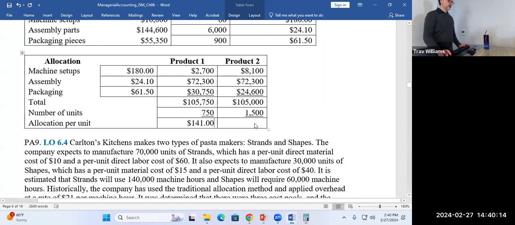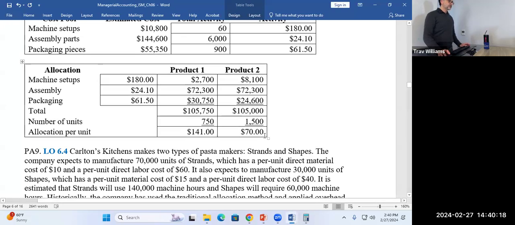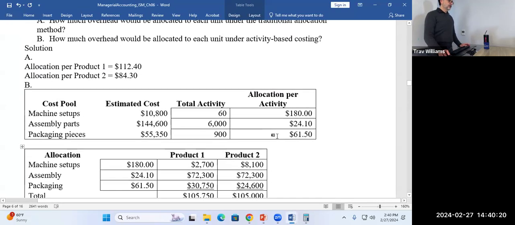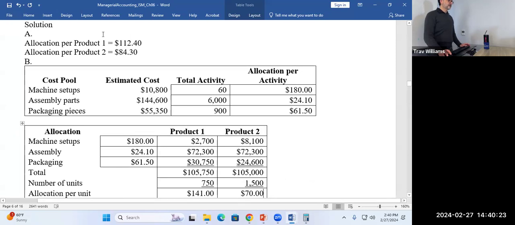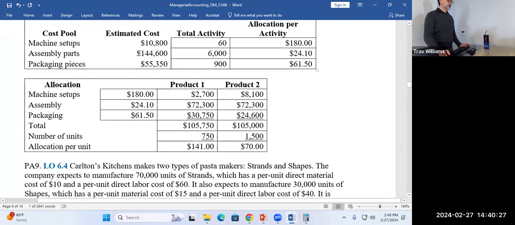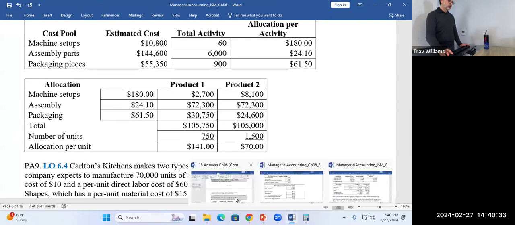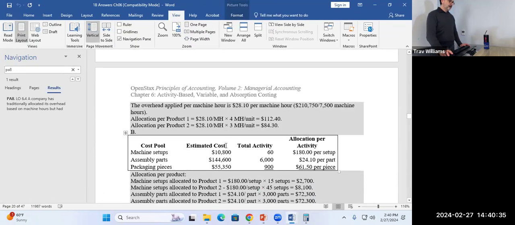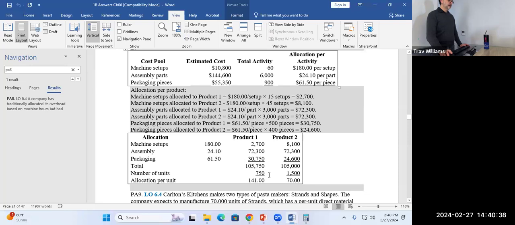And $70 per unit for product 2. If we compare that, pretty different from what we got with the traditional method, right? So again, it might be worth it to do the extra work and look at the ABC calculation.